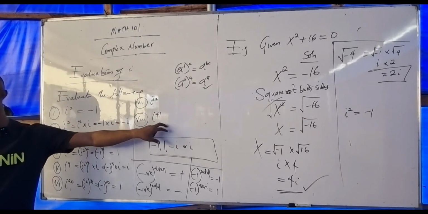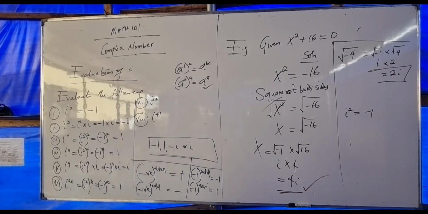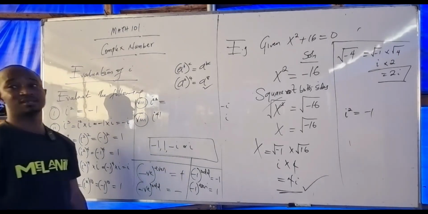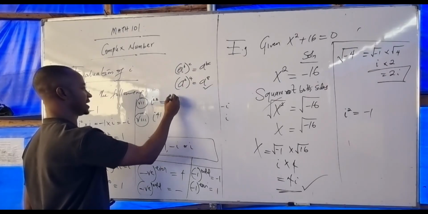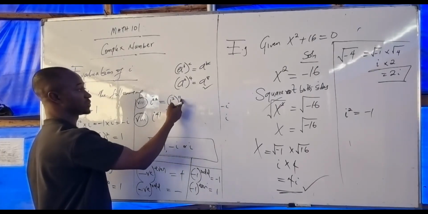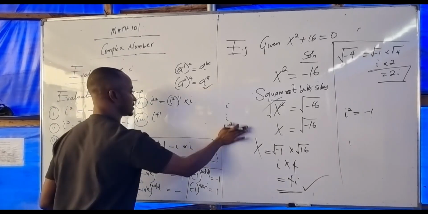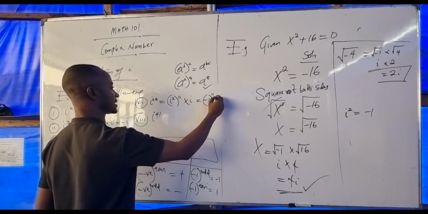Now if you solve this for me, let me see your answer. This and this: 23 and 41. Let me see what you get. Okay, so let's look at it. How do you simplify this? We have i squared, right? i squared times 11. Good. 11 times 2 is what? 22. So times what? 5. And that will give us minus 1 raised by 11 times i.